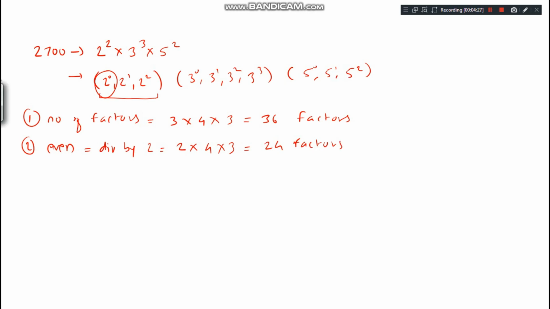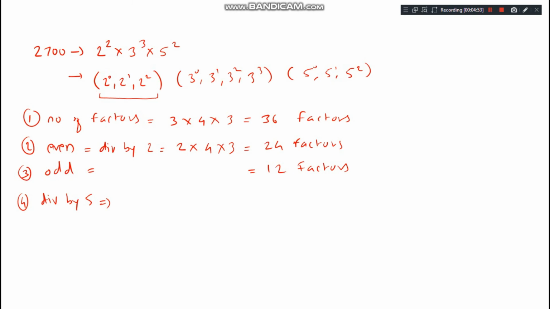Now the third one is odd. Odd is nothing but the difference: 36 minus 24 will be 12. So 12 factors will be odd. Now the next question, which I asked earlier, was how many are divisible by 5. So the fourth is divisible by 5. Divisible by 5 means I have to check in the bracket of 5, right?